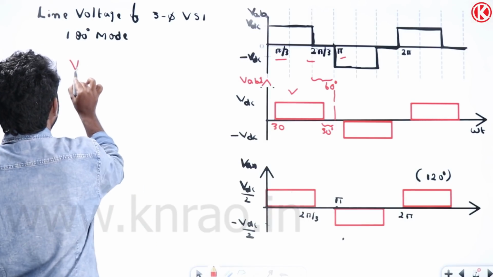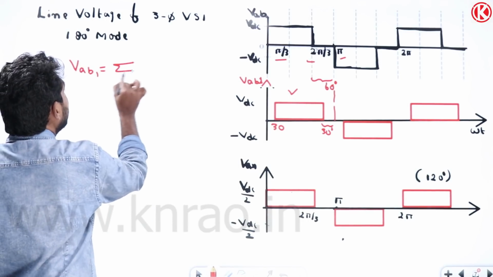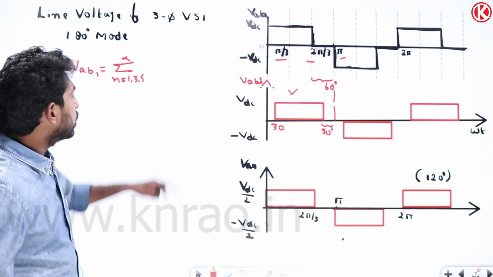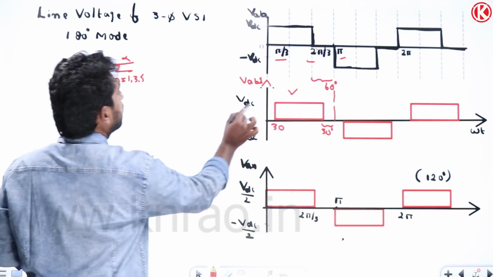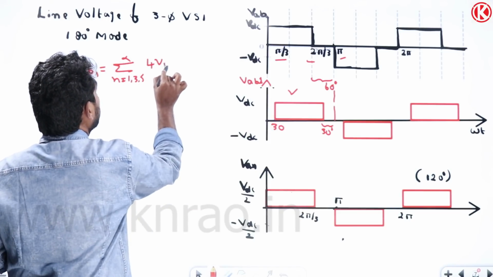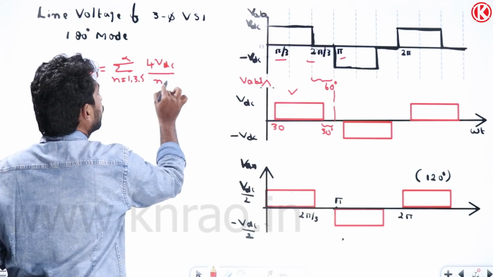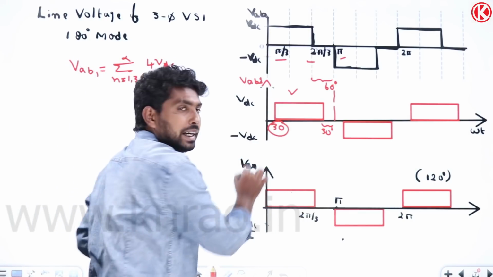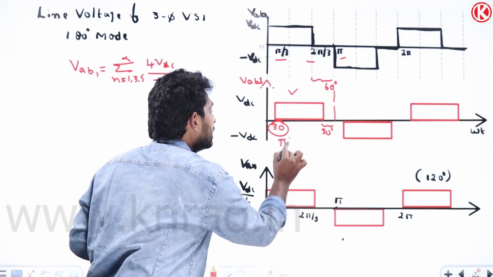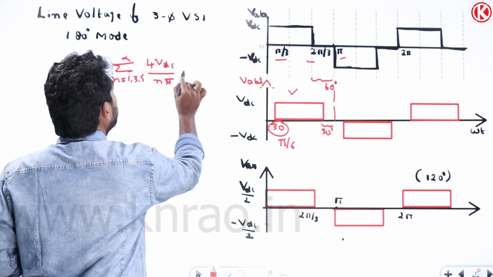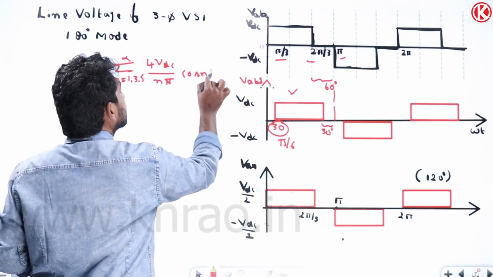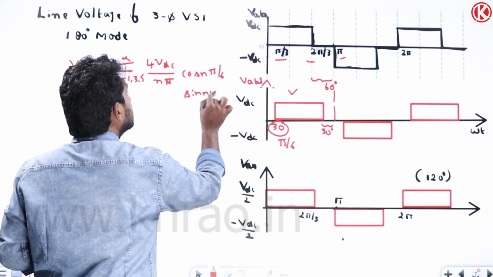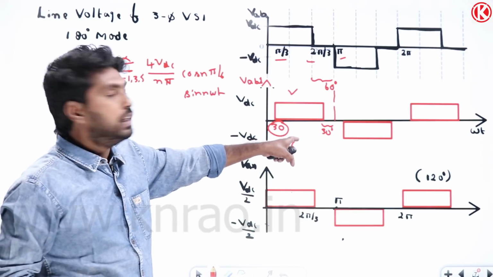So VAB1 equal to sigma n equal to 1, 3, 5 to infinity of 4 VDC by n pi, and in place of alpha we have 30 degrees. 30 degrees is nothing but pi by 6. So it will be cos n alpha, that is cos n pi by 6, into sine n omega t. So this is the expression for this waveform.